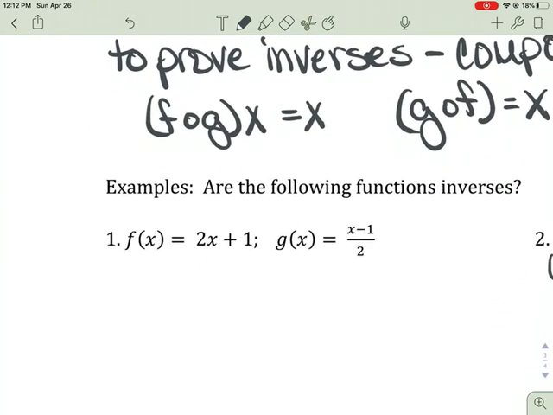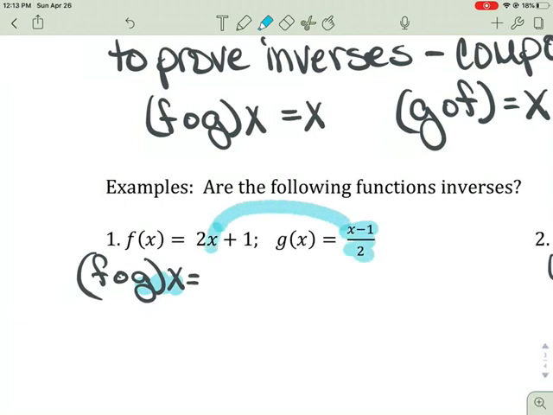Okay? All right, so let's take a look at this one. So I have f of x is equal to 2x plus 1, and g of x is equal to x minus 1 over 2. So we're going to do f composed with g. So that means I'm going to take g and put it in for x, replace the letter in the problem.